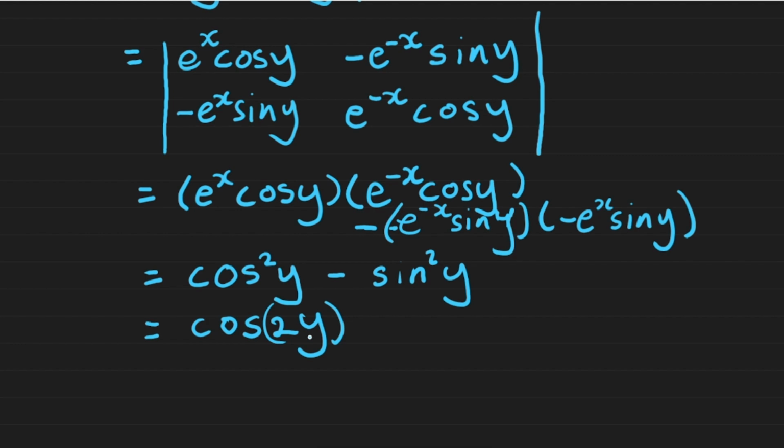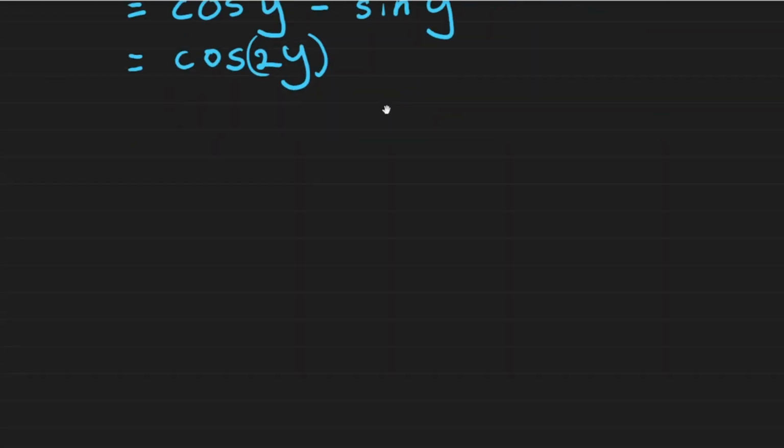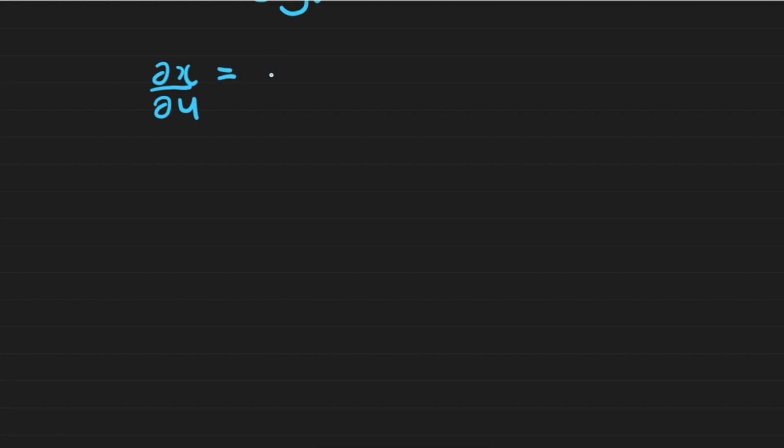So how do we go about now finding the derivatives of the inverse functions? As written earlier, dx du is equal to dv dy divided by the Jacobian.